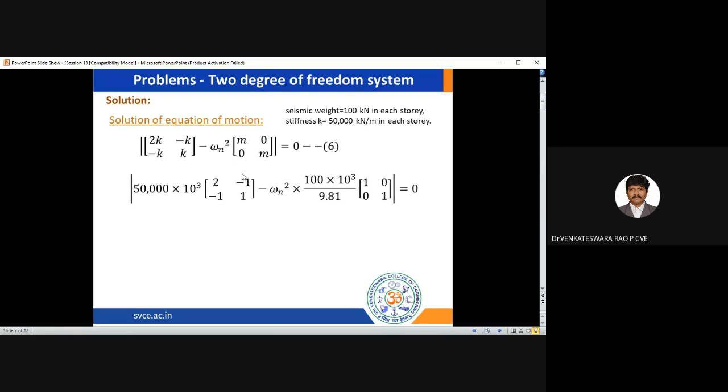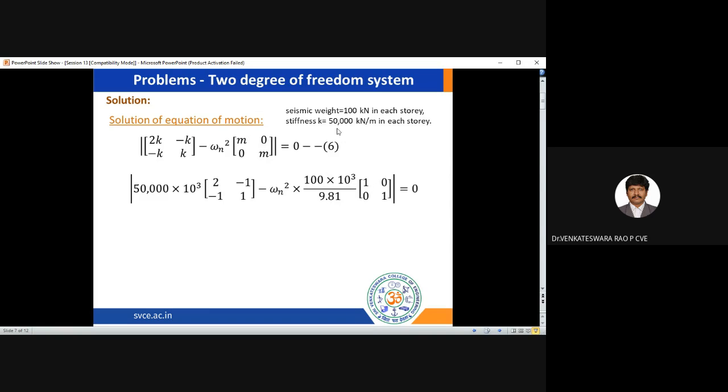So you leave the other data as such, and the remaining things are the seismic weight and stiffness. From the weight one can calculate the mass, so I have to convert it into mass here. See, the mass, if I take outside 100 and 1, that's what you are getting. How do you get the mass from the given weight?